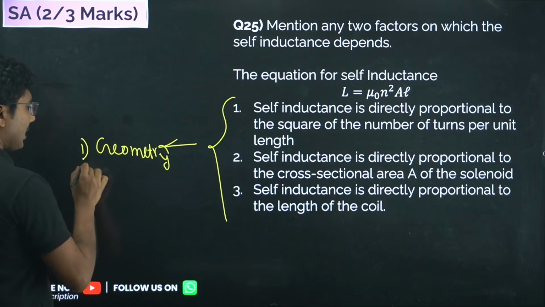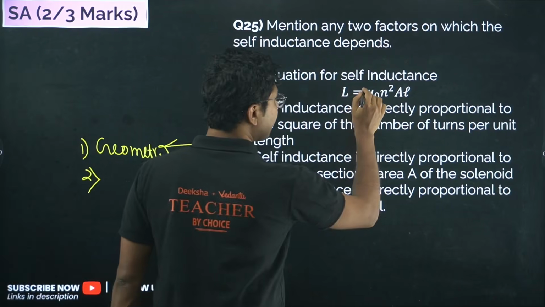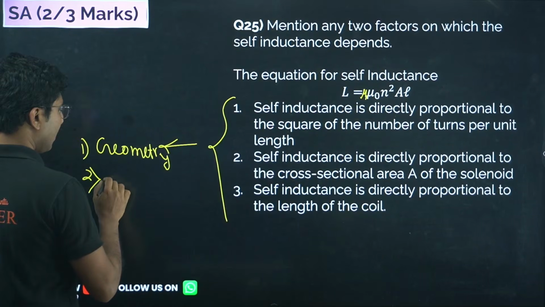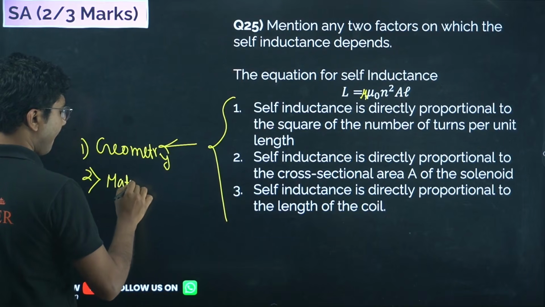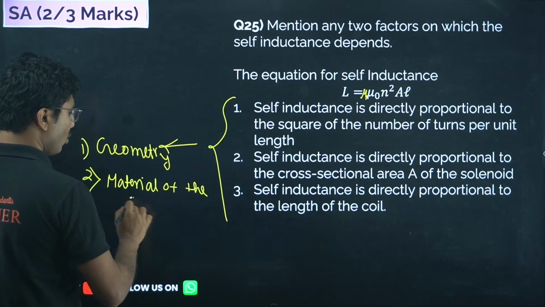That is number 1, and number 2 is it depends on the material inside. There has to be a material inside as well, so mu r is there, so it depends on the material of the core.